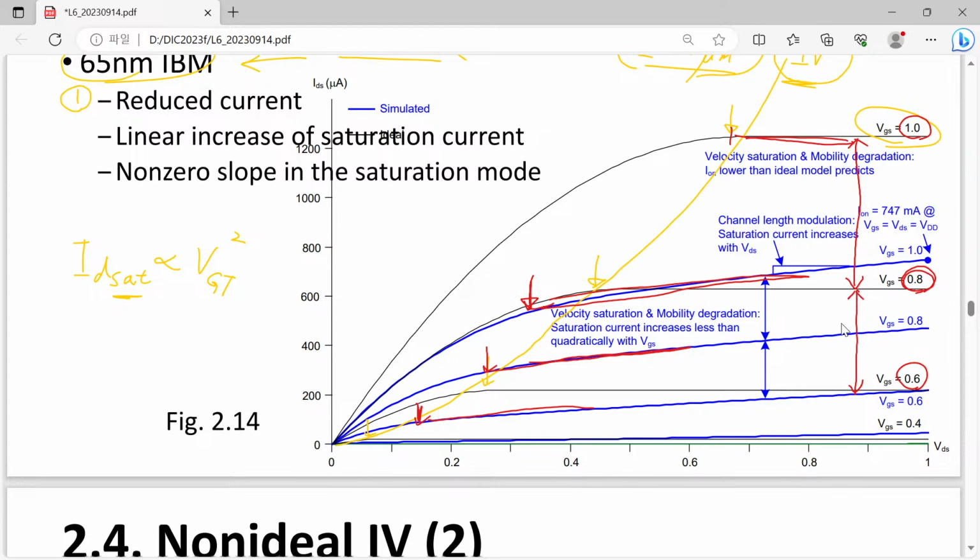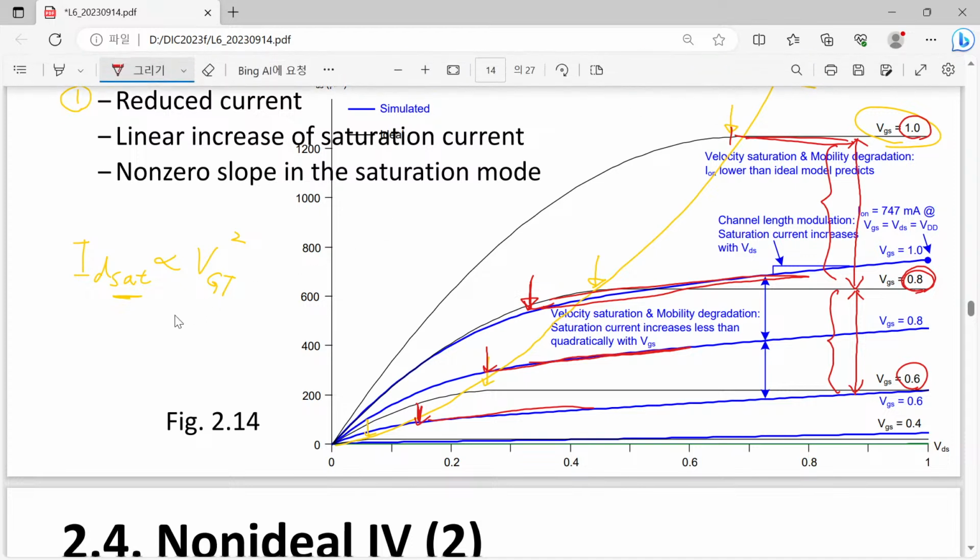Which one is larger? Obviously, between 0.8 volt and 1.0 volt, we have a higher increase of drain current. Good. It is because we have this kind of behavior.